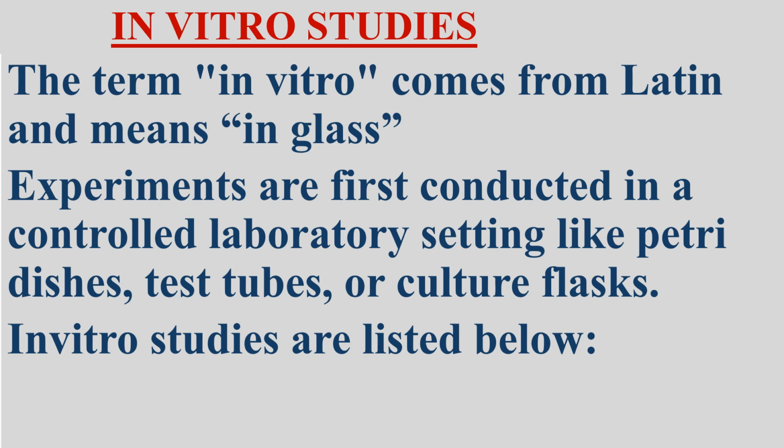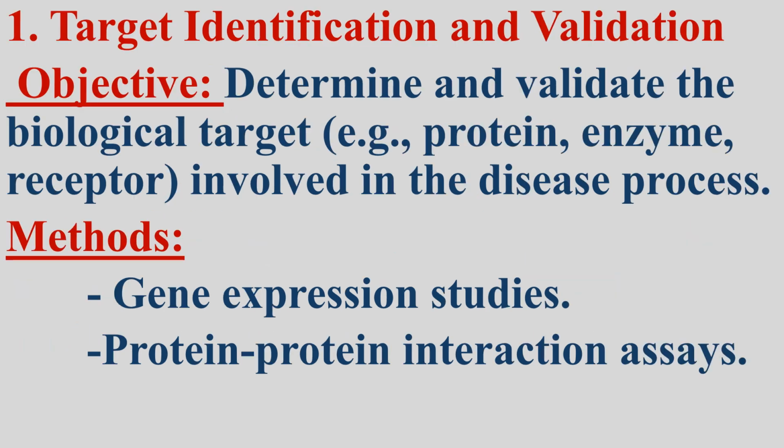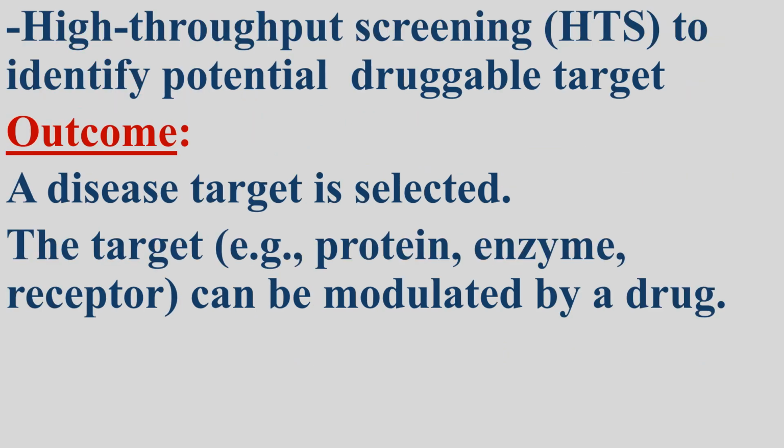My next slide is just a detail of the in vitro studies that I just explained. If you wish to understand further in detail, you can go through it. Here I mentioned some of the methods used in target identification, which include gene expression studies, protein-protein interaction assays, and high throughput screening to identify potential druggable targets.